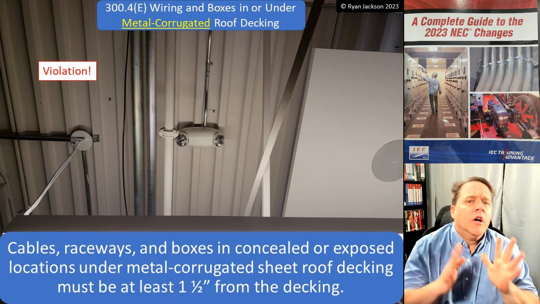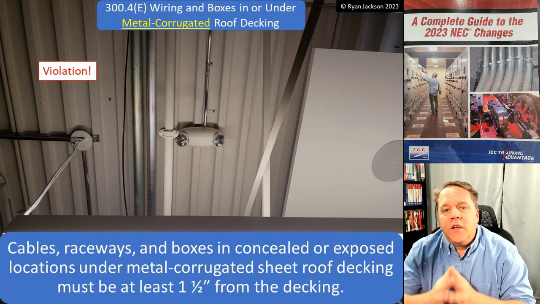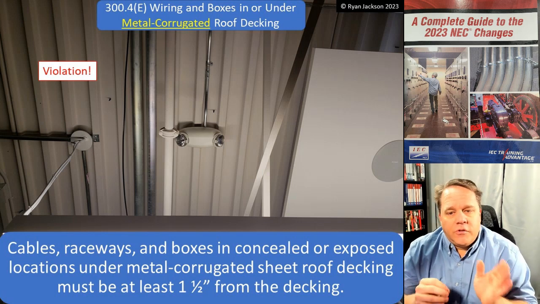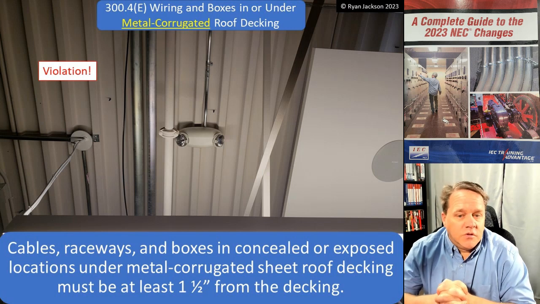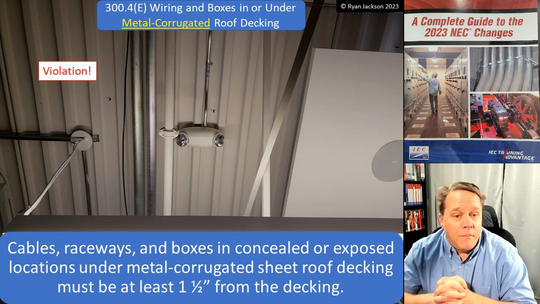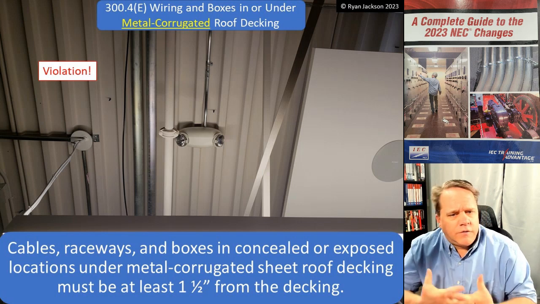Let's keep reading. 300.4(E) was also revised. Wiring of boxes in or under metal corrugated roof decking. Cables, raceways, and boxes in concealed or exposed locations under metal corrugated sheet roof decking must be at least 1.5 inches from the decking. Now, this was added, I think, back in the 2011 code, and for good reason.